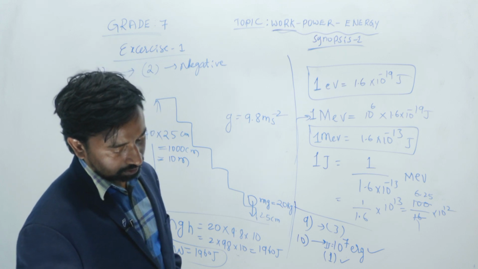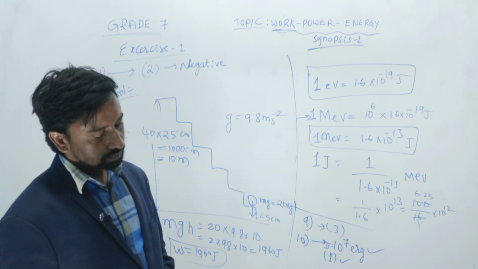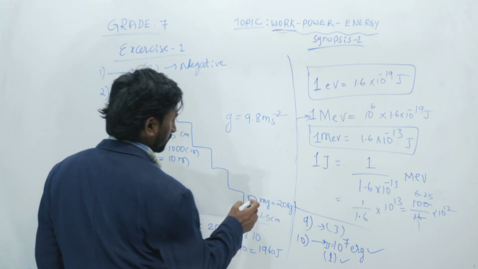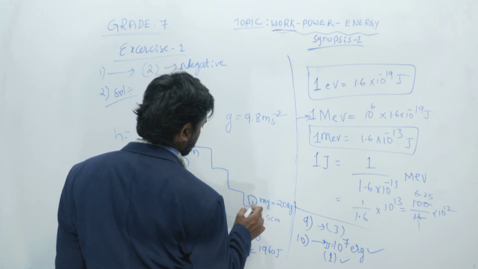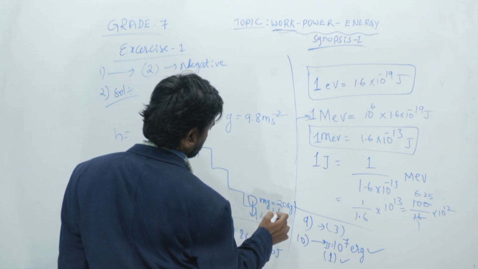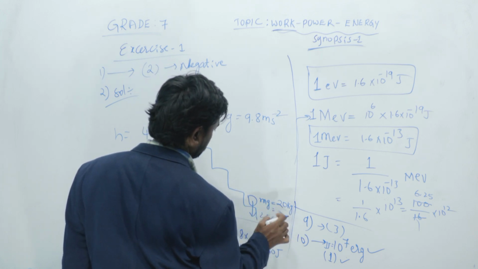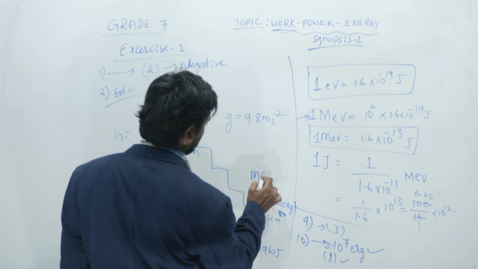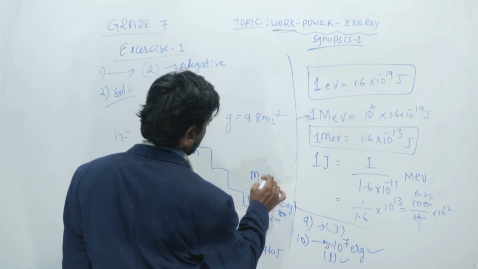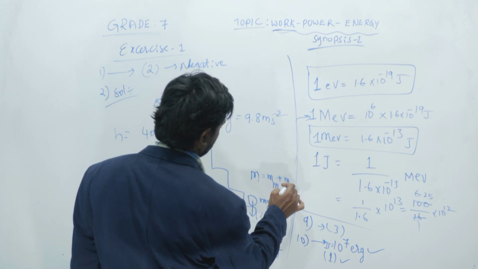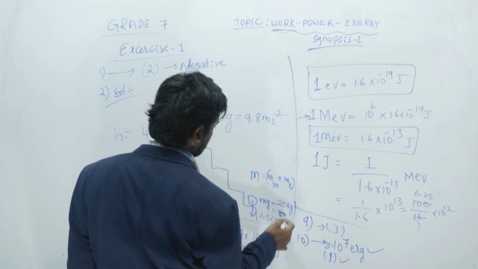Okay, sorry, here a man weighing 80 kg is climbing, and he is lifting the load as well. So the total mass will be capital M, the mass of the man plus the mass of the load, which is 100 kg.